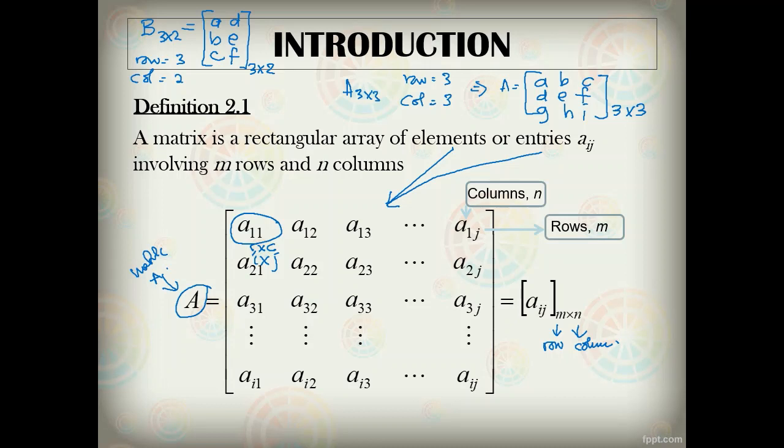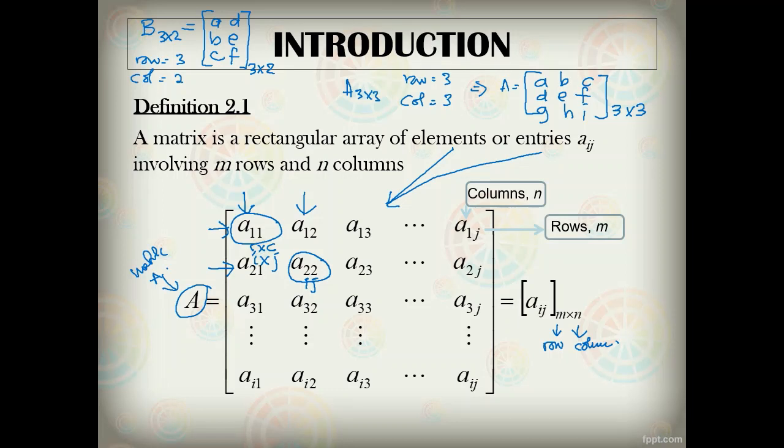So this is the element in the first row, first column. This element is called element 2 2, because it is the second row and second column.